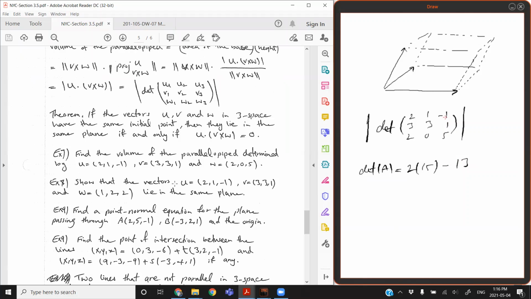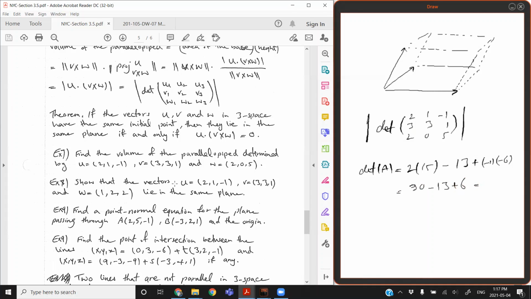And then plus minus 1 times this cofactor, it's going to be minus 6. So we have 30 minus 13 plus 6.